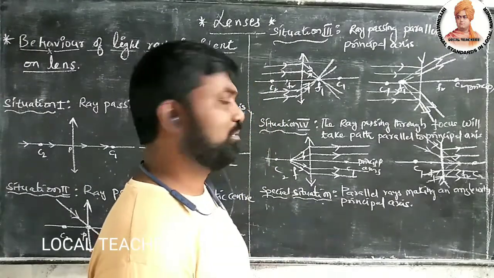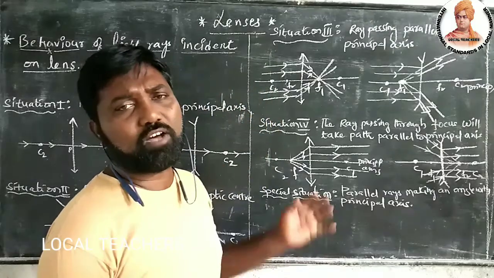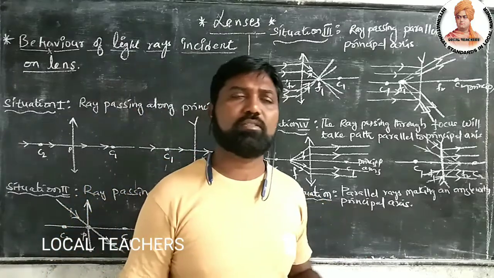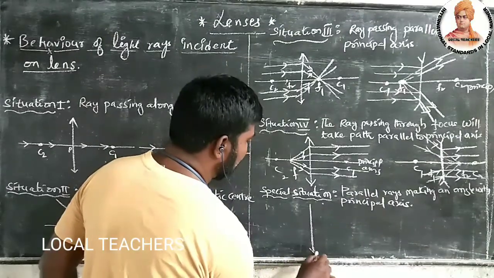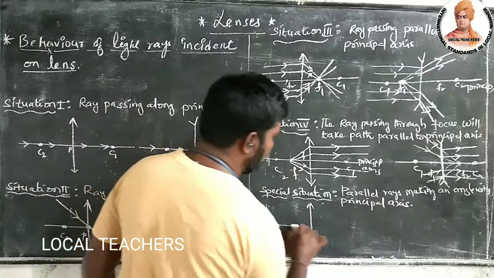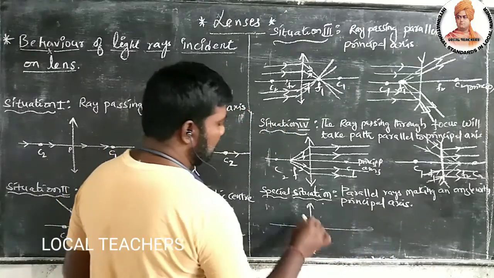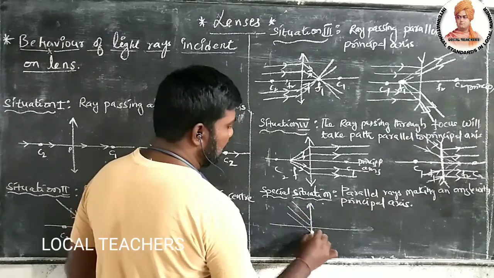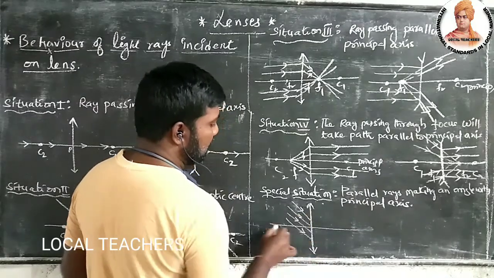Next, one special case is there. If some rays fall on the lenses making an angle with the principal axis, what happens? Let us see. This is a convex lens and this is the principal axis. Some rays are coming like this, making an angle to the principal axis.